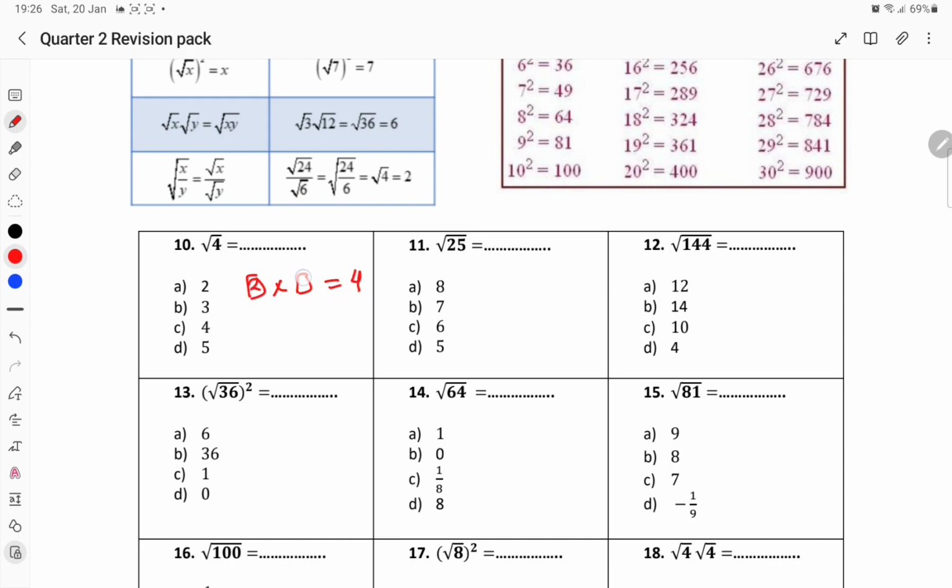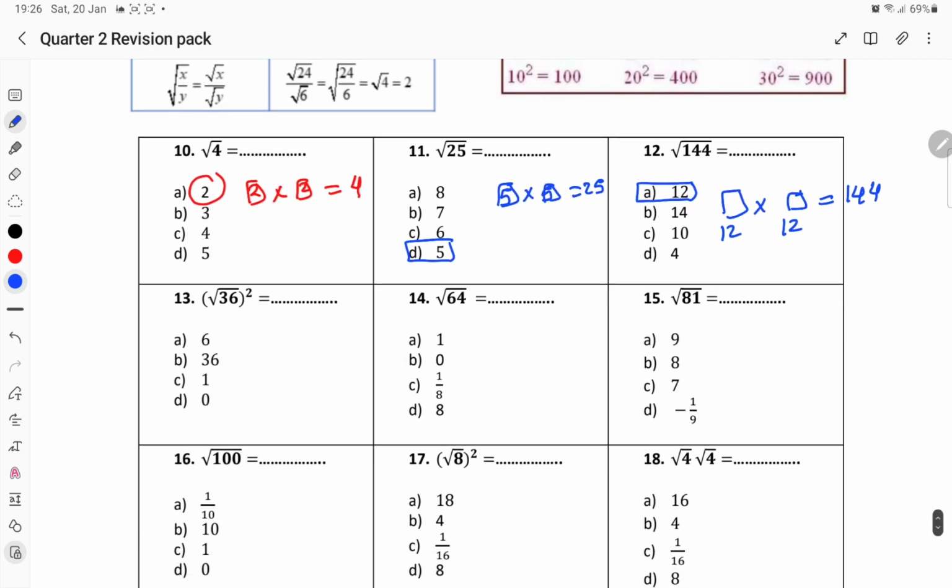It is 2. 2 times 2 is 4, so the square root of 4 is equal to 2. Square root 25, again, a number by itself gives 25. So yes, it is 5. Bravo. 5 times 5 is 25. Square root 144. I want again a number by itself two times to get 144. What is it? 12 times 12.